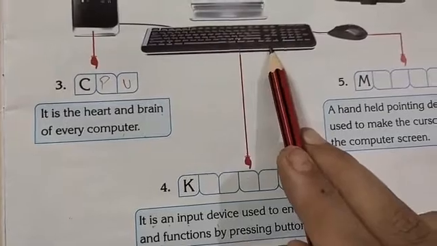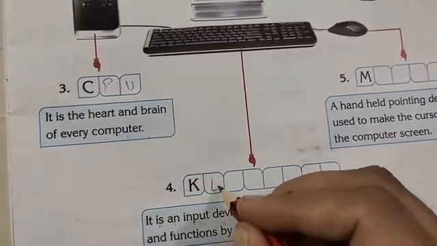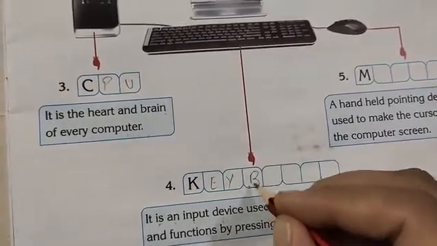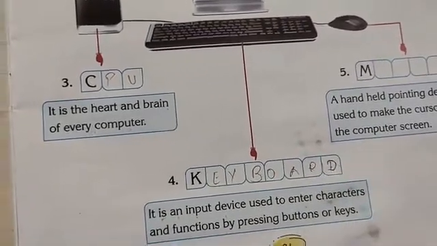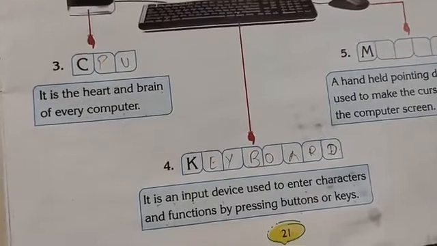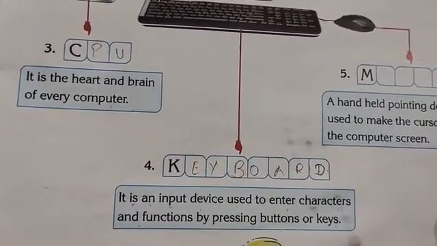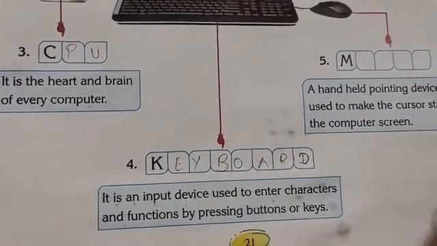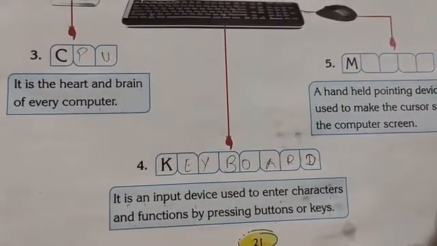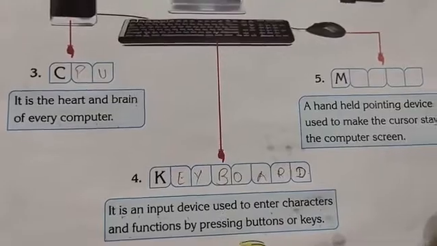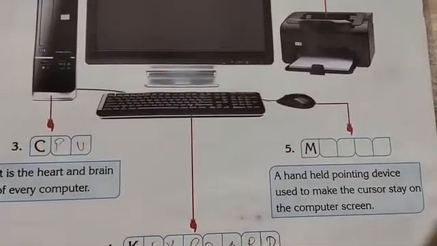What is this? Keyboard. K-E-Y-B-O-A-R-D. Keyboard. Okay. With the help of keyboard, we can type text, special characters, and numbers.